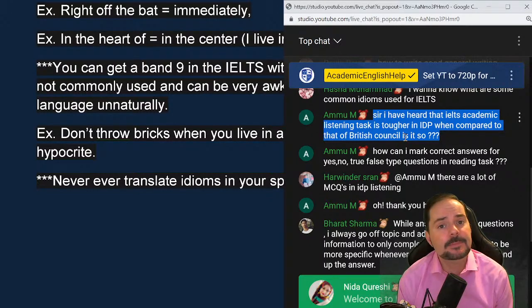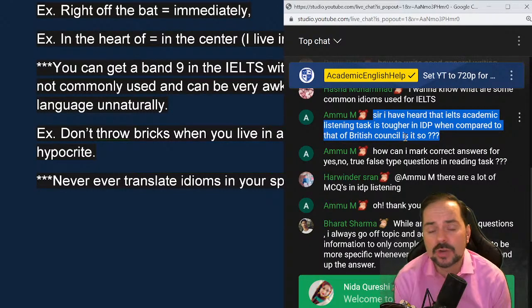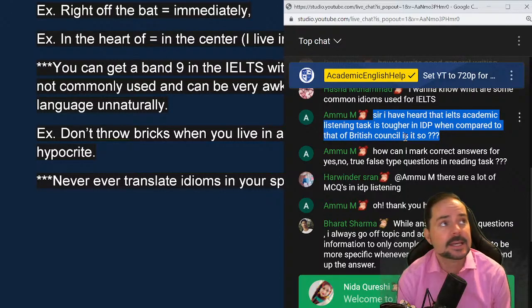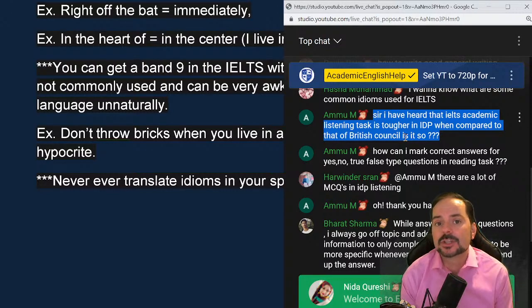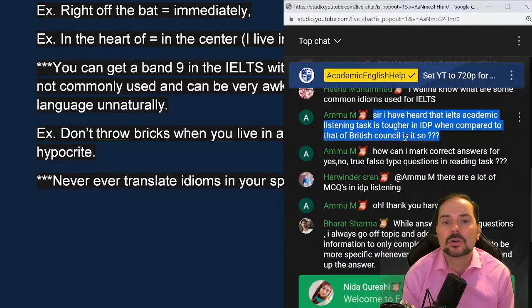British Council, IDP, they just do the administration. They don't create the exams, okay? The exams are created by one place only, by ESOL Examination Board, and they give the same materials to IDP and to British Council. So there is no difference at all between the materials.